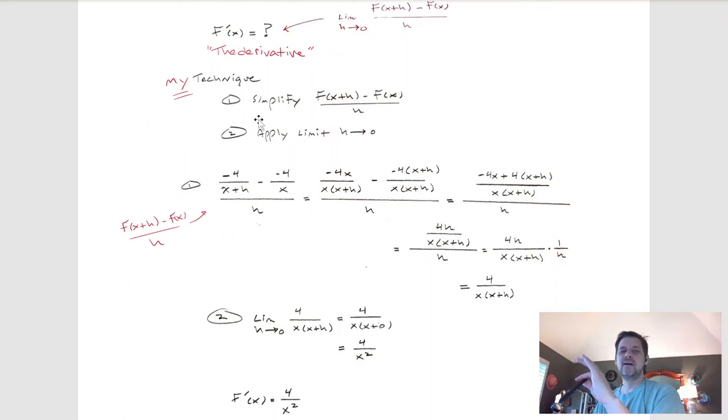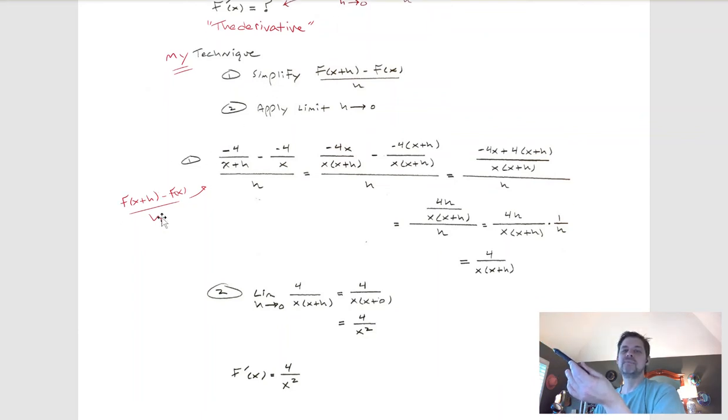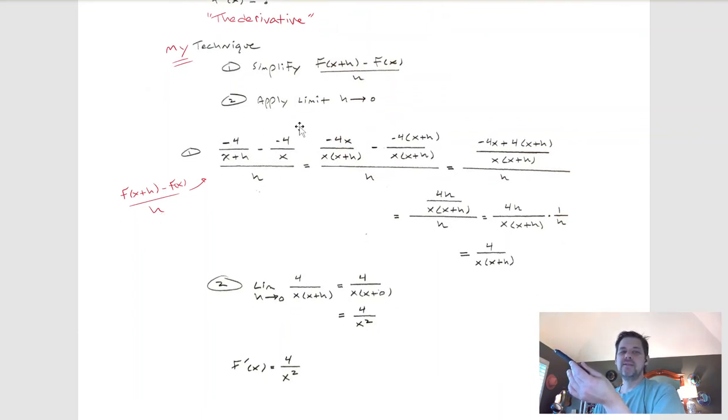Now, if I'm going to simplify this, the way that I simplify this depends on what I have, but it would be a matter of just reducing it as much as possible. To simplify this, the way that I would need to do it is subtract these fractions and divide. Let me give you another example.